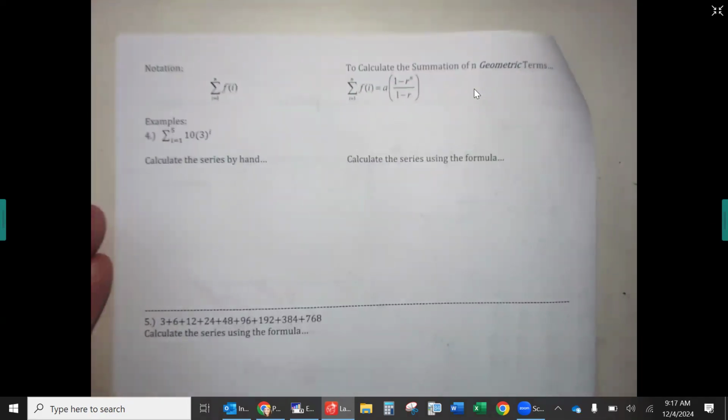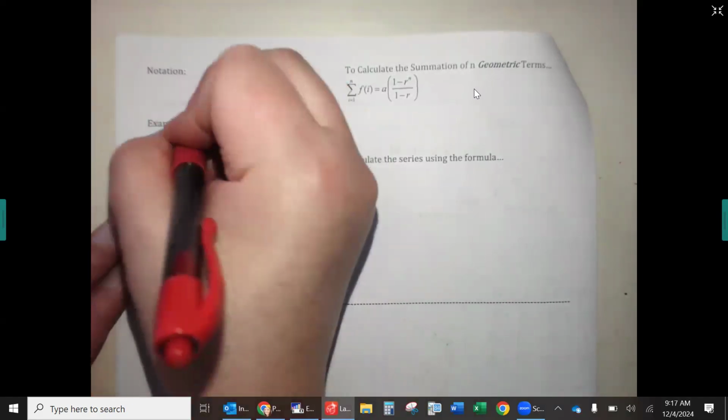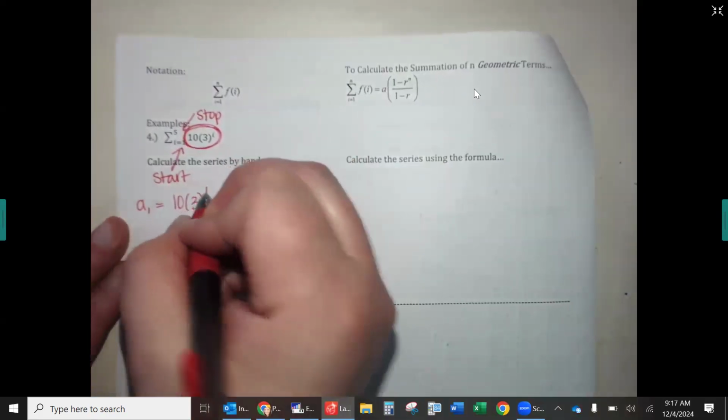Okay, we're going to do the first one by hand, then we'll check it with the formula. So what is my start number for this question? Okay, we're going to start at 1, and then when are we going to stop? At 5. So my A sub 1 is going to be, I'm following this formula right here. So it's 10 times 3 to the 1.